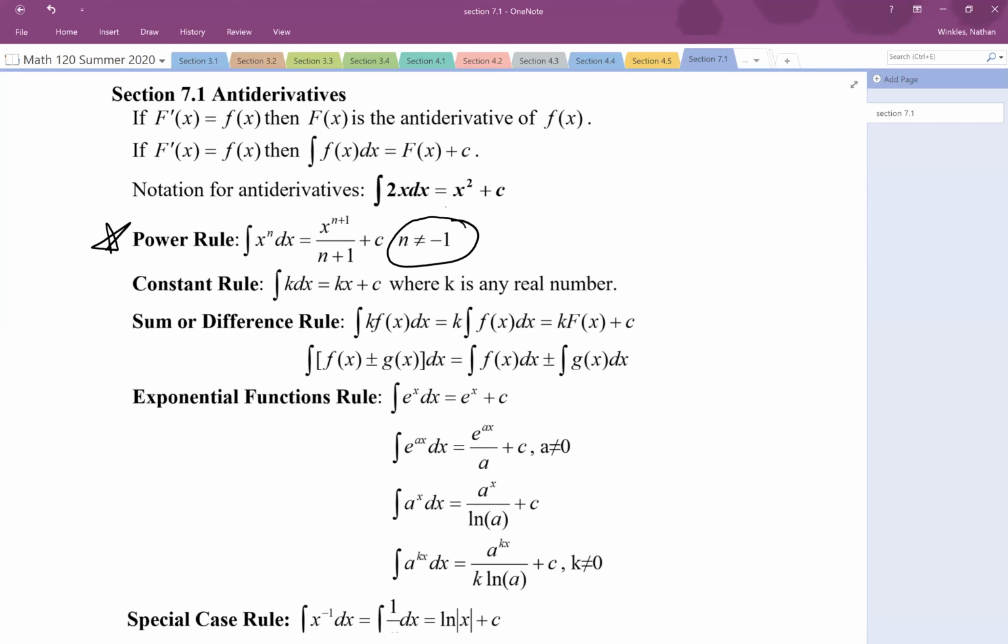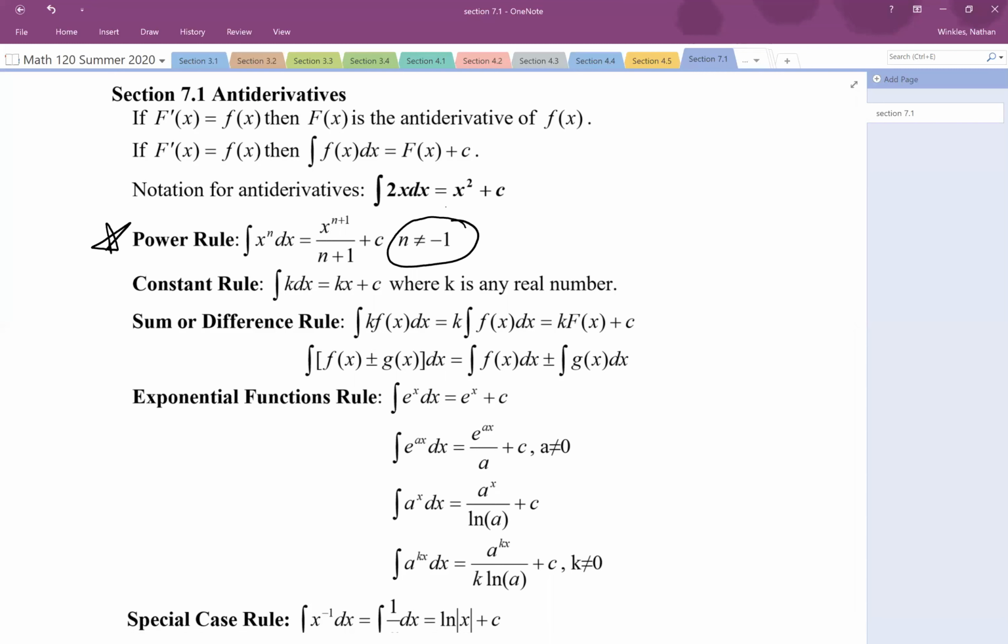So a few rules before we dig into this further. The integral of any constant k dx is equal to k times x plus c, where k is any real number.